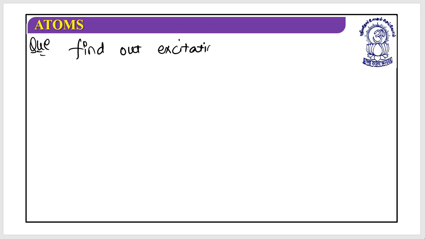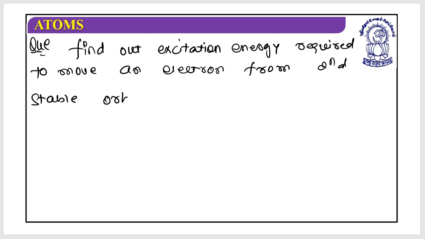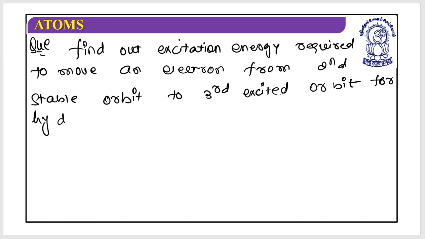The question says: find out the excitation energy required to move an electron from the second stable orbit to the third excited orbit for a hydrogen atom.